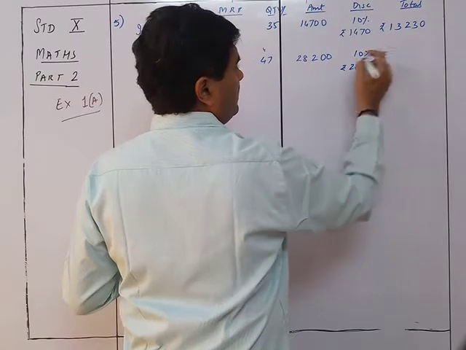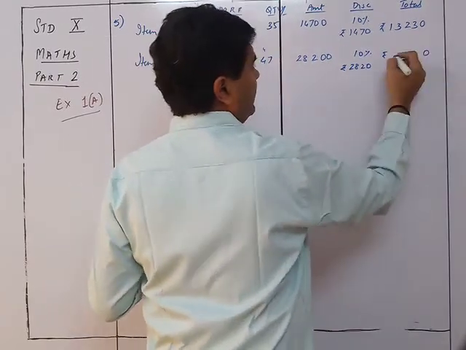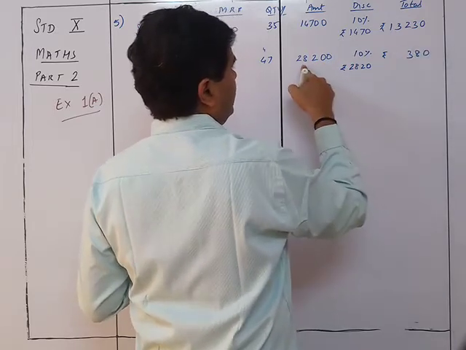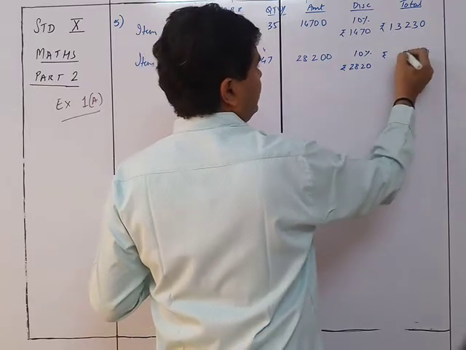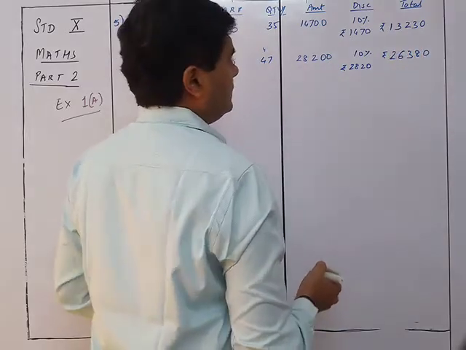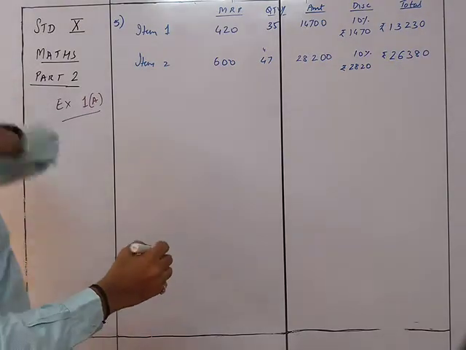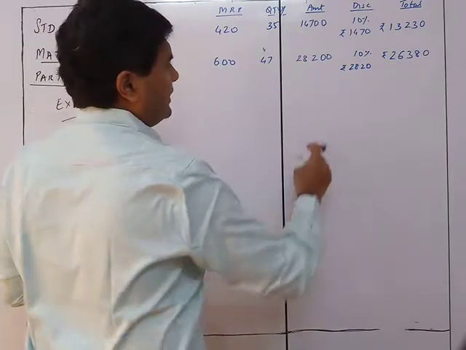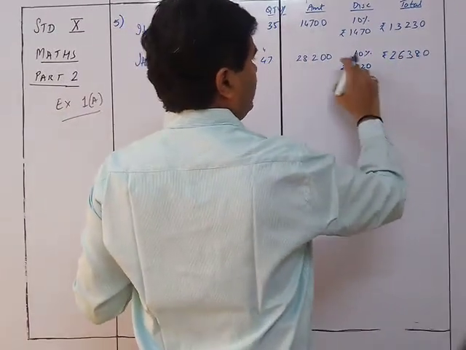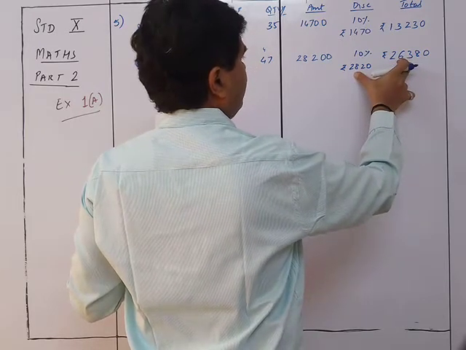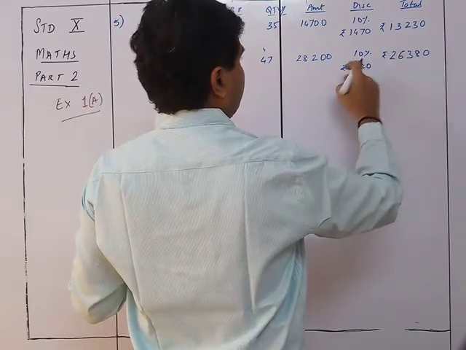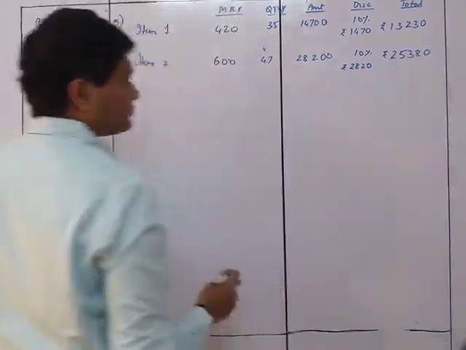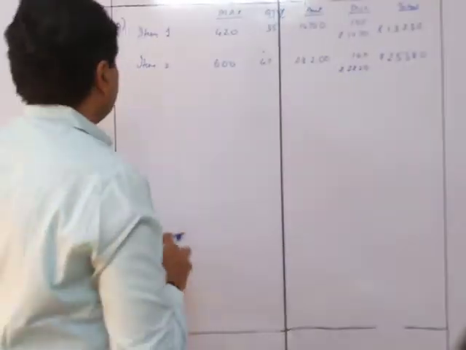Accordingly the amount will be equal to 26380, right? 26 or 25, one sec again. So 25380. Okay, then comes item 3.